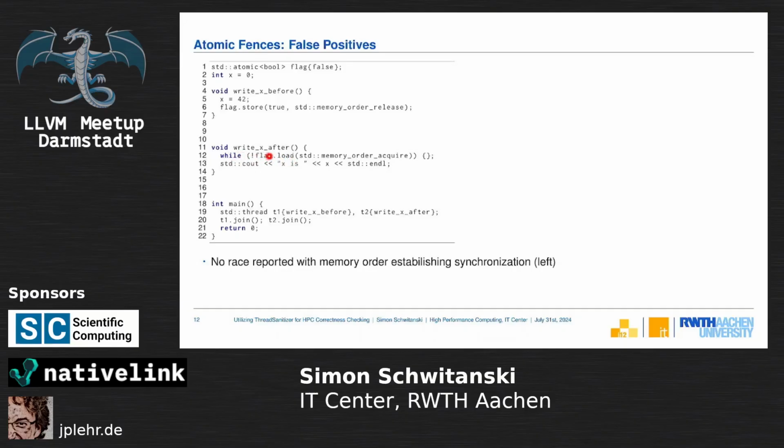We say while flag load with std memory order acquire is false, we just wait, until the other thread has stored true to the flag. Then we can continue and print out the value. That means this is defined behavior. We will always print out x equals 42.